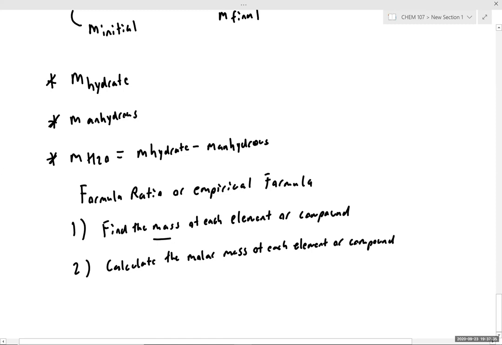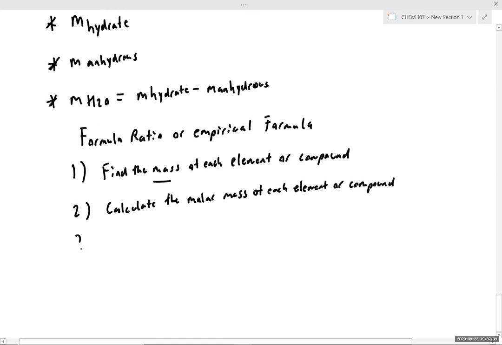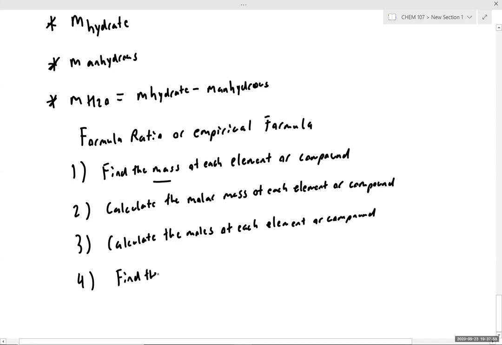So now that we have that, in step 3, we are going to calculate the moles of each element or compound. And in step 4, we're going to find the simplest ratio of moles of each element.